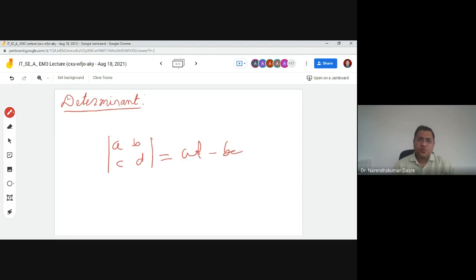Here I am not considering any matrix, and I know that this is the determinant and this is the value. Do you agree with me that this is determinant and this is the value? Yes, sir. Now we need to define this thing. How to define this?